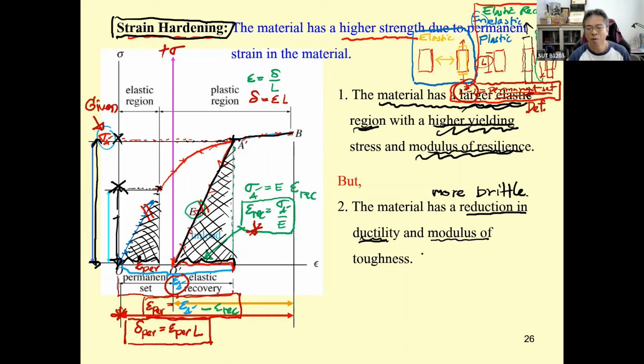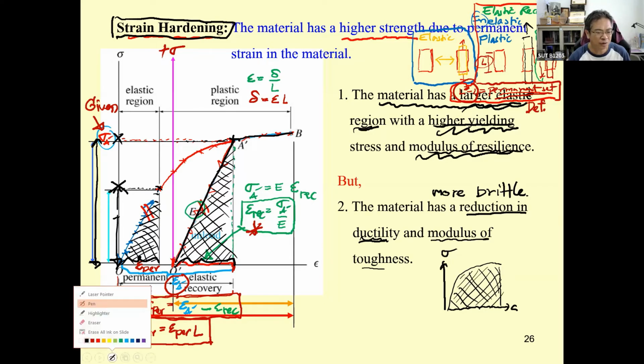And modulus of toughness. Modulus of toughness is talking about the whole area of this one. Previously, we had this curve. So the modulus of toughness is the total energy the material can absorb.